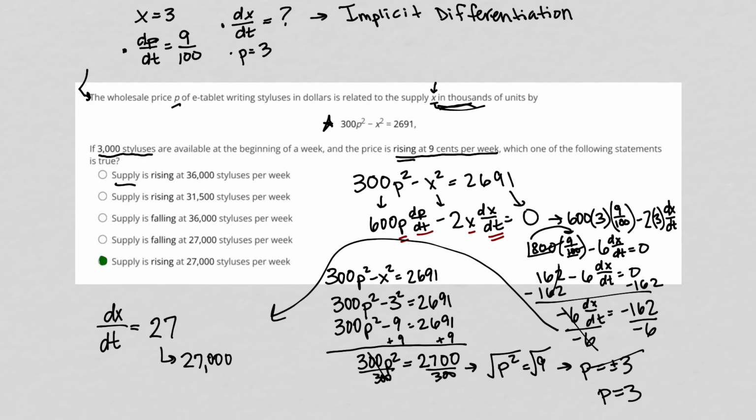Again, I think it's a good idea to just write out everything that the question provides for you. That provides the hint that we need to use implicit differentiation here. These are related rates, and then we use that to implicitly differentiate the equation that's been provided. And then from there, we get everything else that we need. So our answer here is rising at 27,000 styluses per week.